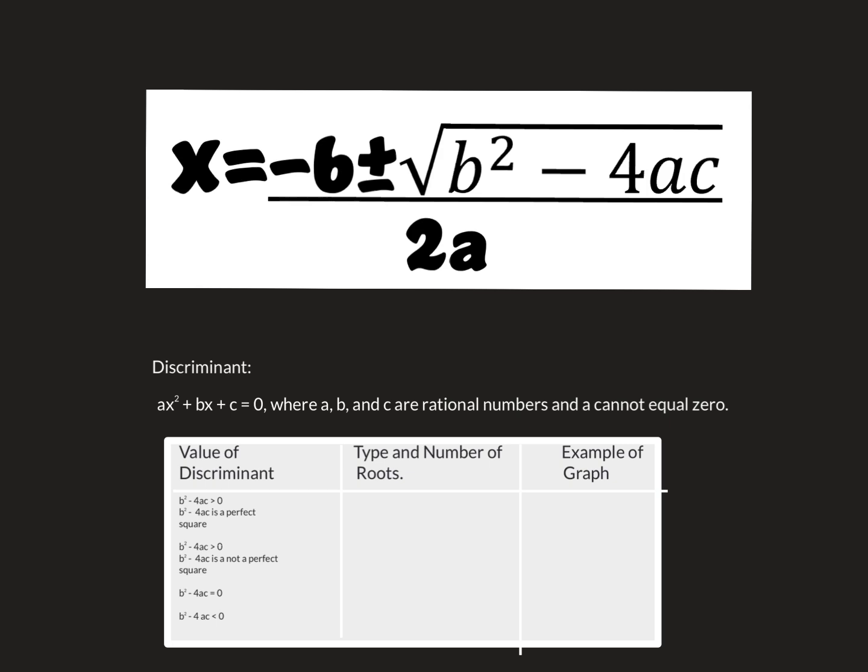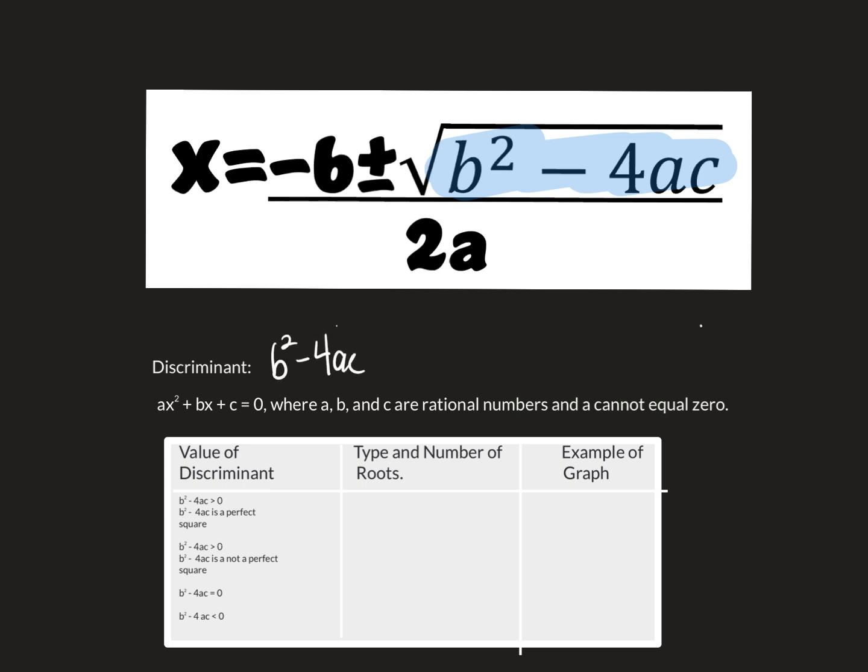Discriminant. ax squared plus bx plus c equals 0, where a, b, and c are rational numbers and a cannot equal 0. So, when you do the discriminant, first of all, I'm going to highlight the discriminant is the value under the square root. It does not include the square root. So I'm going to write down here that my discriminant is b squared minus 4ac.